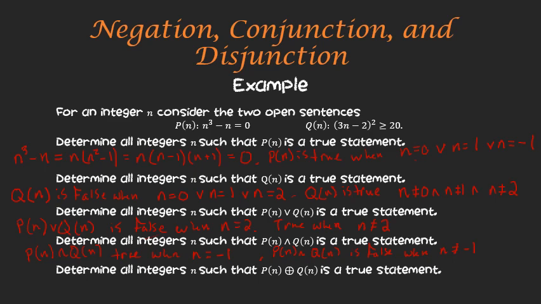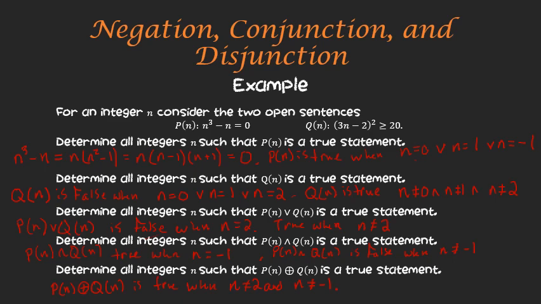And so that tells us that P of n XOR Q of n is true so long as n is not equal to 2 and n is not equal to -1.